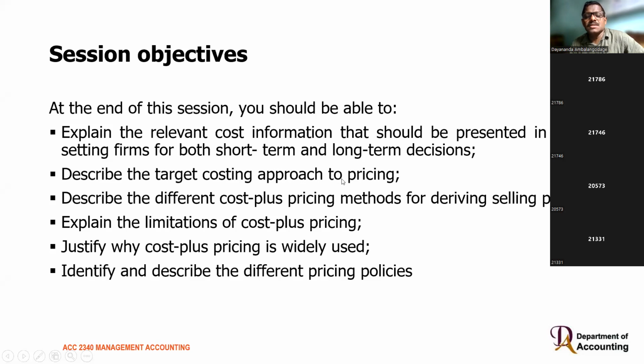Describe the target costing approach for pricing and describe cost plus pricing. Explain the limitations of cost plus pricing, justify why cost plus pricing is widely used, and identify and describe the different pricing policies. Those are the scope of the session, or the chapter.